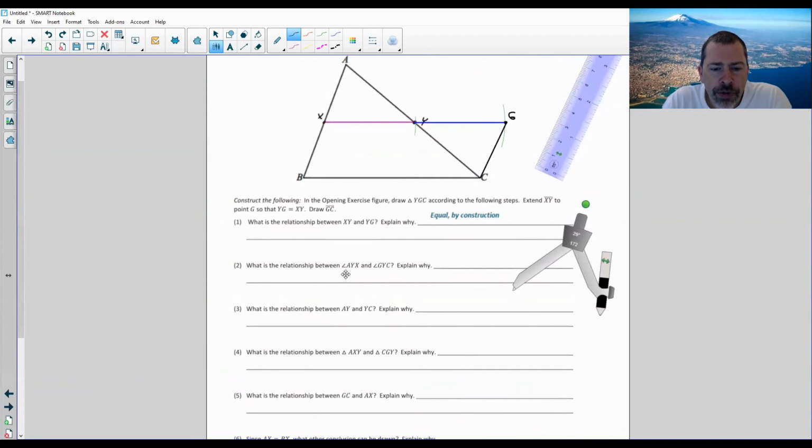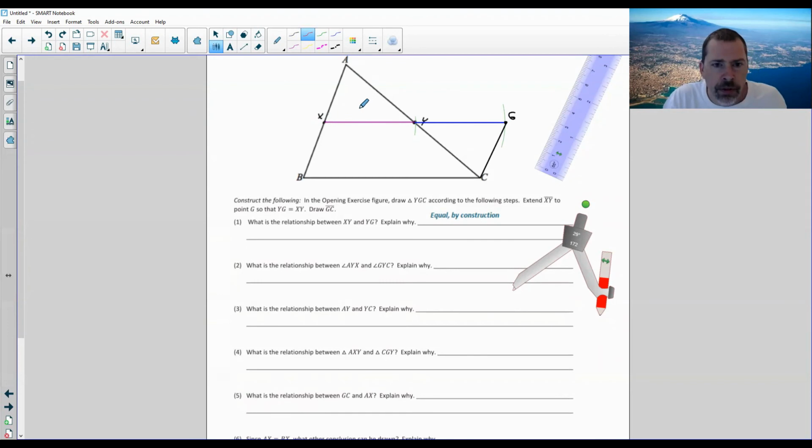Now it says, what is the relationship between angle AXY and angle GYC? Explain why. So I look at, now they're talking about this angle here. Let me get my pen. AXY and GYC. Wait a minute. AYX.